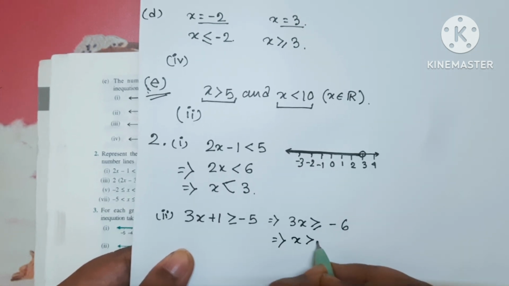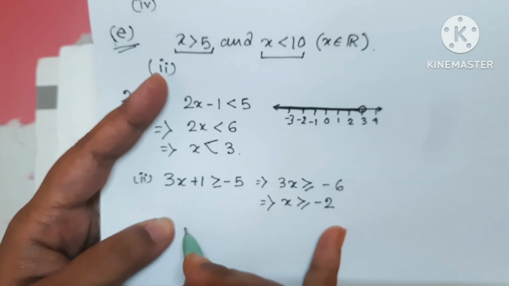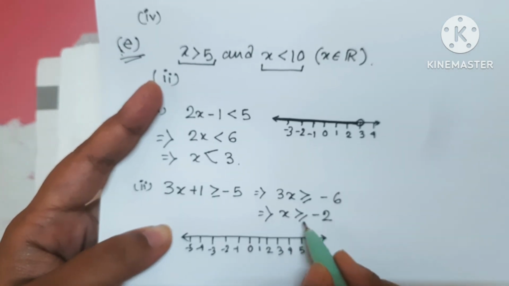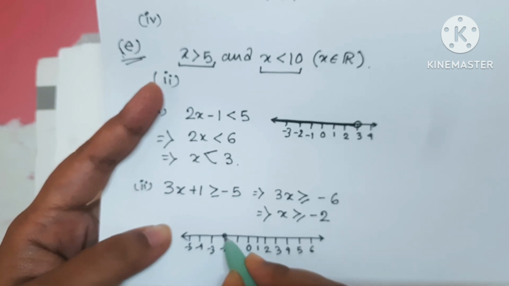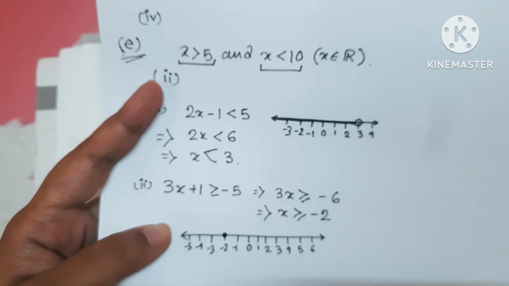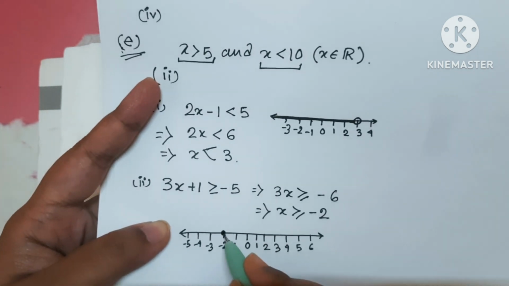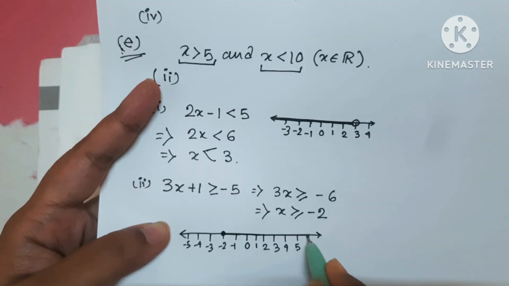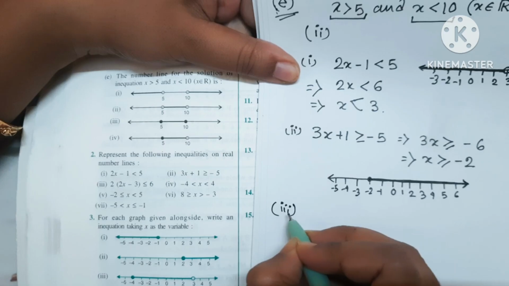So x is greater than or equal to minus 2. Now if you draw the number line, what will be the answer? See, now x is greater than or equal to minus 2. So here you need to draw a darkened circle, and then this entire thing. Question number 3.